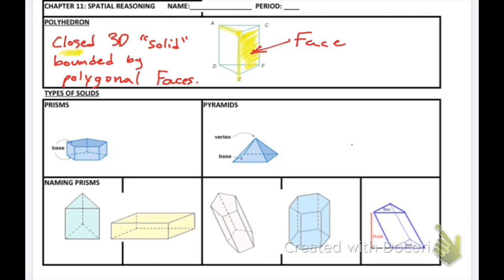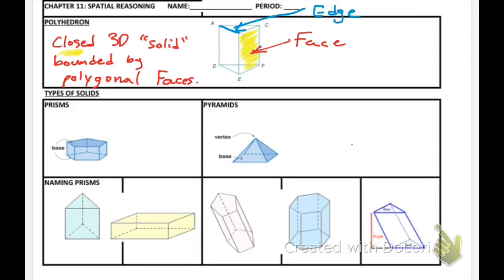That would be an edge. That would be an edge. Let me do this in a different color. So we have an edge right here, an edge right here, an edge right there. The edge is just what it sounds like. It's the edge of the solid. That's my edge.